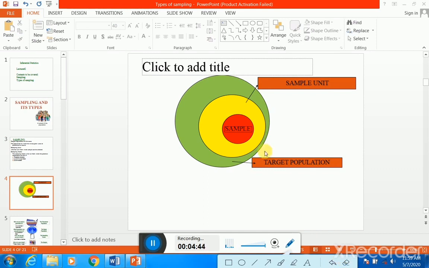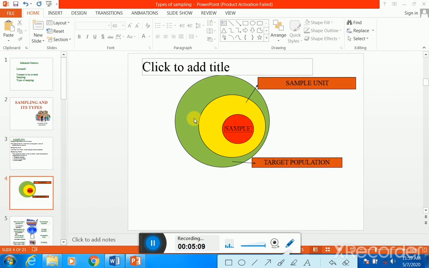It will make your idea clearer about the sample unit and the target population. The green shaded area is known as your target population. Out of the shaded green area we have some yellow area. The yellow area is simply known as your sample unit.